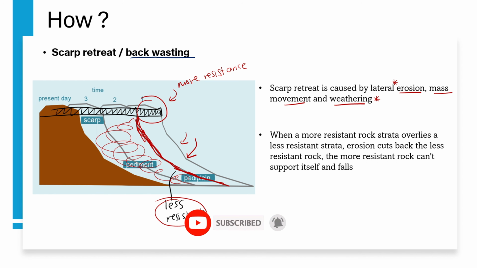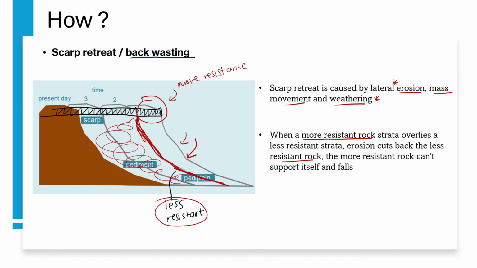So now when a more resistant rock strata overlies a less resistant rock, erosion will cut back the less resistant rock. That's what we just did. We have cut back the less resistant rock, and then the more resistant rock cannot support itself. It is left unsupported in the air, so it will eventually fall off as well.